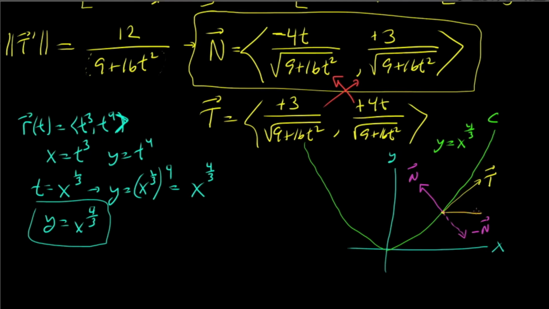So the x component is positive and the y component is positive. So when you're looking for the vector n, you switch the x's and y's, and now you can see where you get a negative sign. Because this is pointing in the direction of negative x, but positive y. So that's what tells us that it's the first component that gets the negative and not the second. Okay.